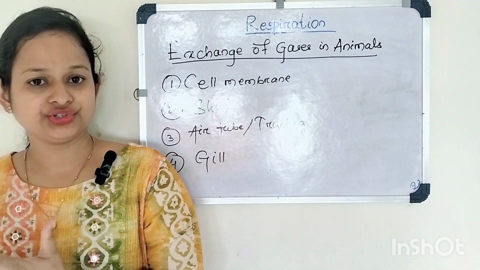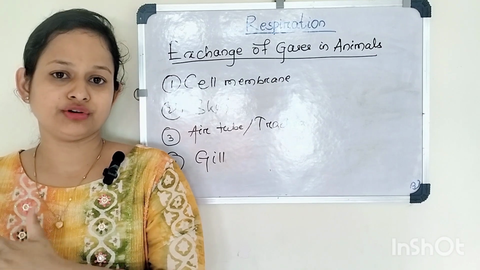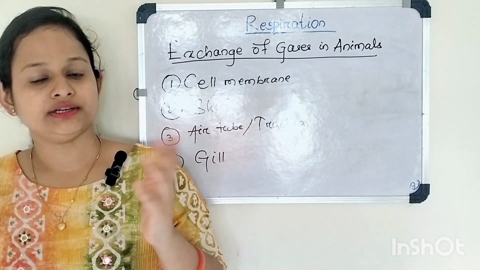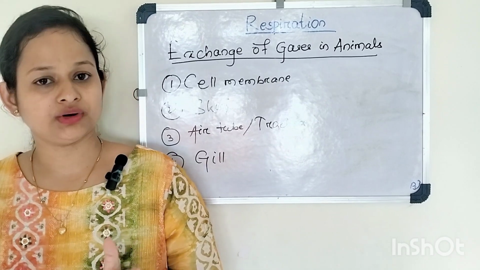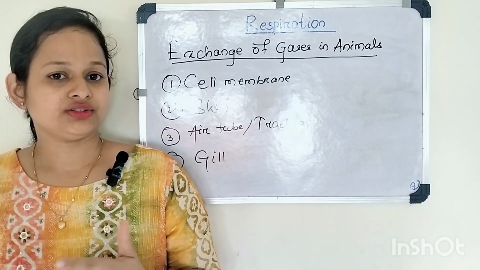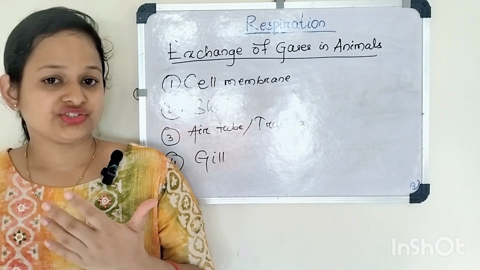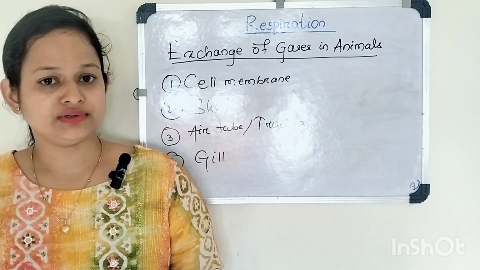After use, it comes back in the form of carbon dioxide to the gill, and from the gill it is released to the water. So these were the organs or parts which help in the exchange of gases in animals.